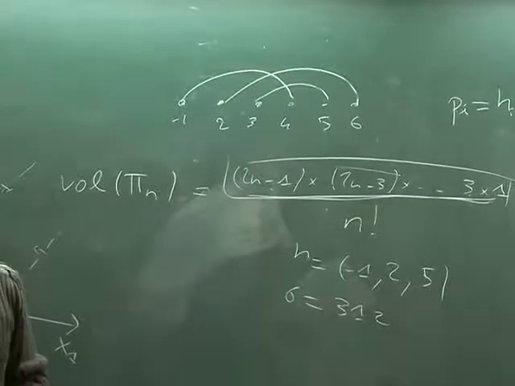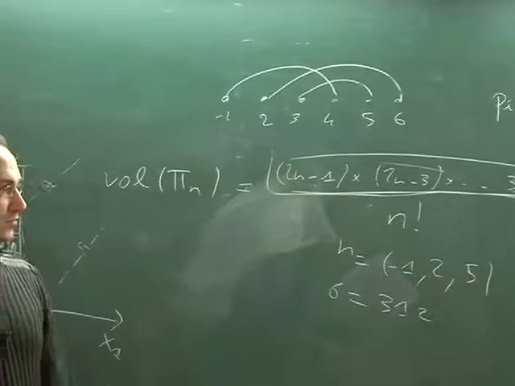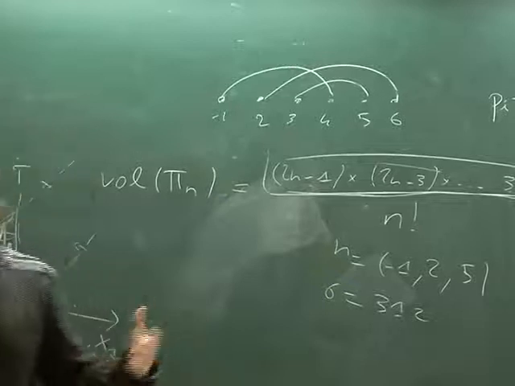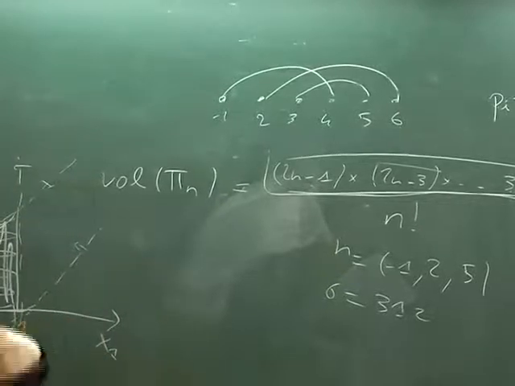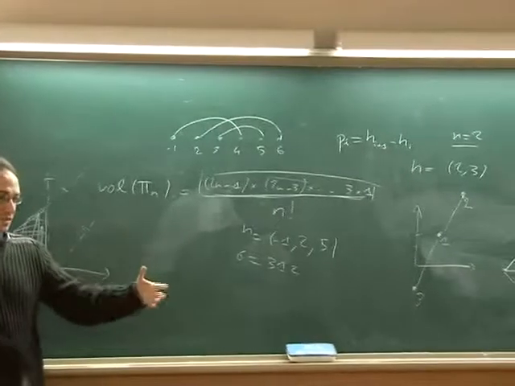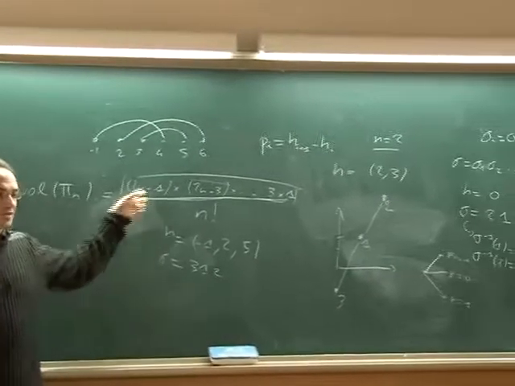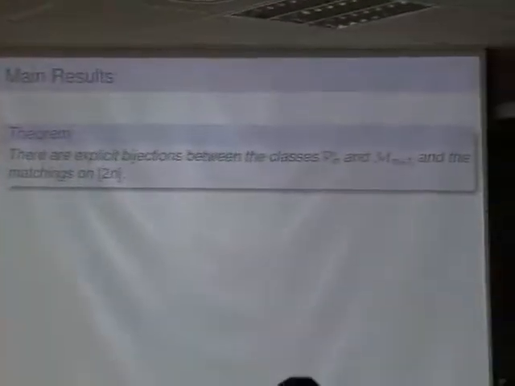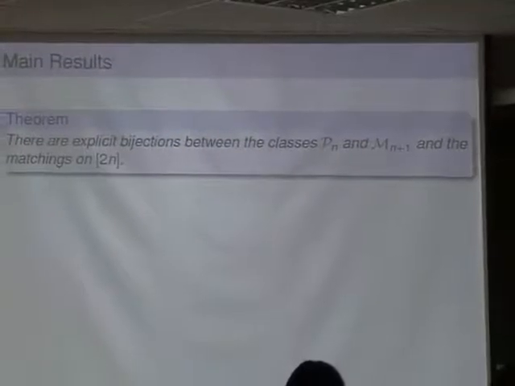So the goal now for nearly the rest of the talk is to find a bijection between the class of Motzkin paths and matchings, because it turns out that the Motzkin paths, the second family, are also counted by some matchings. We will also have this formula for the other family, at a slightly shifted index.